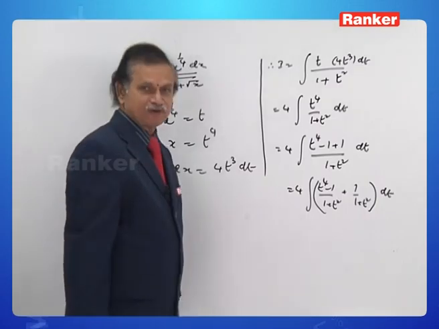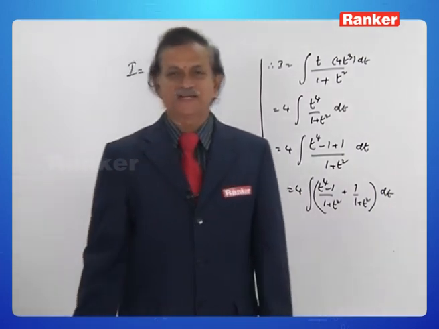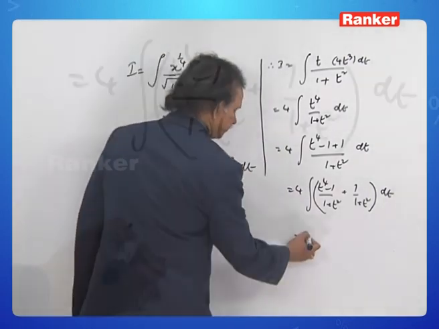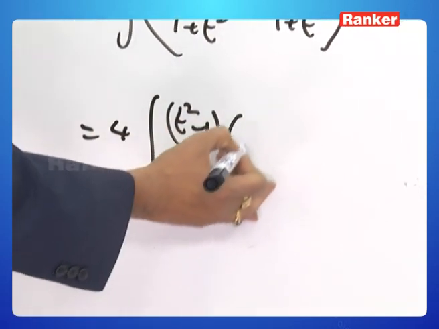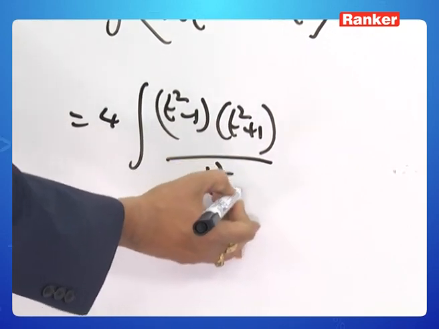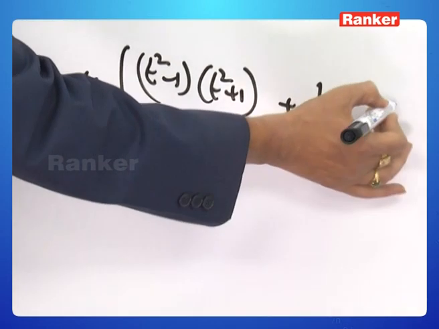But you see, what is t power 4 minus 1? It looks like a square minus b square, isn't it? It can be split as t square minus 1 into t square plus 1. 4 into t square minus 1 into t square plus 1 by t square plus 1 plus 1 by 1 plus t square dt.